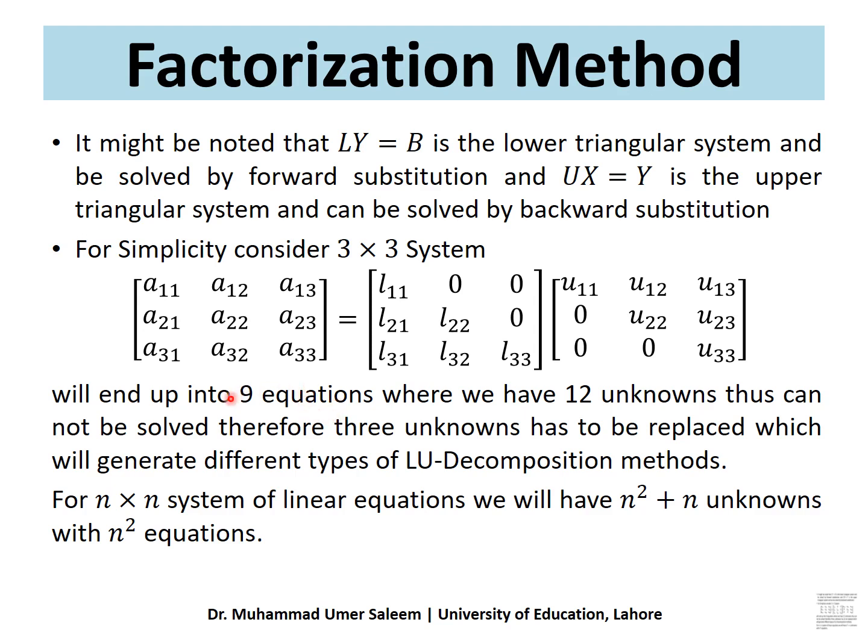So this means we have to replace some of the terms in these LU decomposition methods. Now for an n by n system of linear equations, we will have n square plus n total unknowns, but we will get only n square equations.